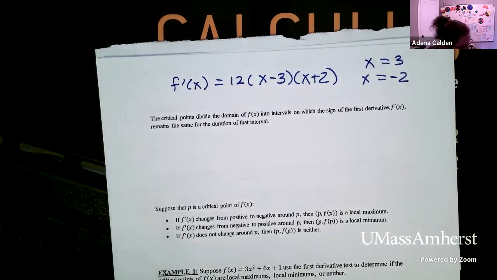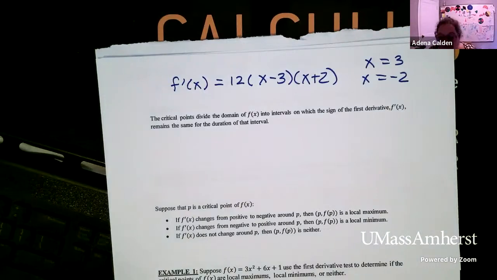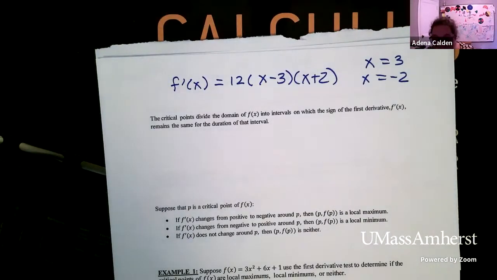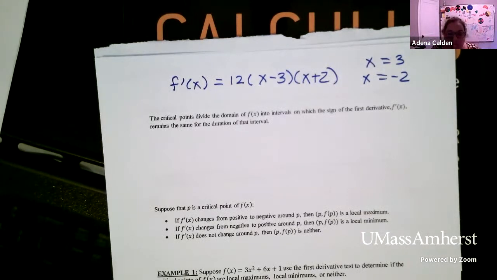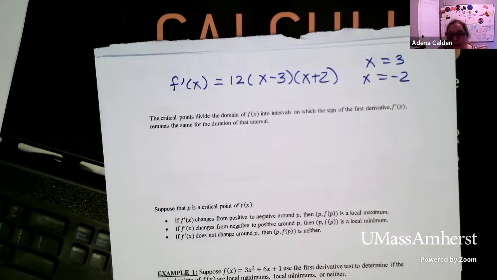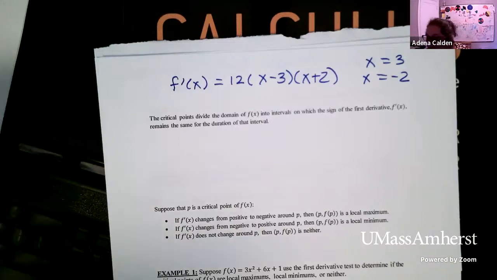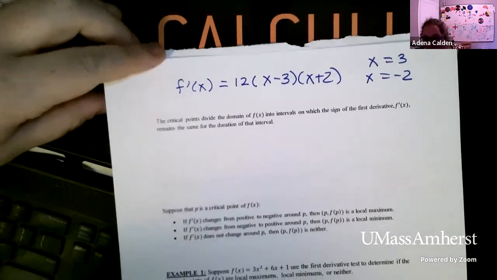So what we want to do now, when we use this particular test, which again is a new test that we're trying out, so we haven't done this yet, is we are going to use our critical points to divide the domain of the original function into intervals in which the sign of the first derivative remains the same for that entire interval.